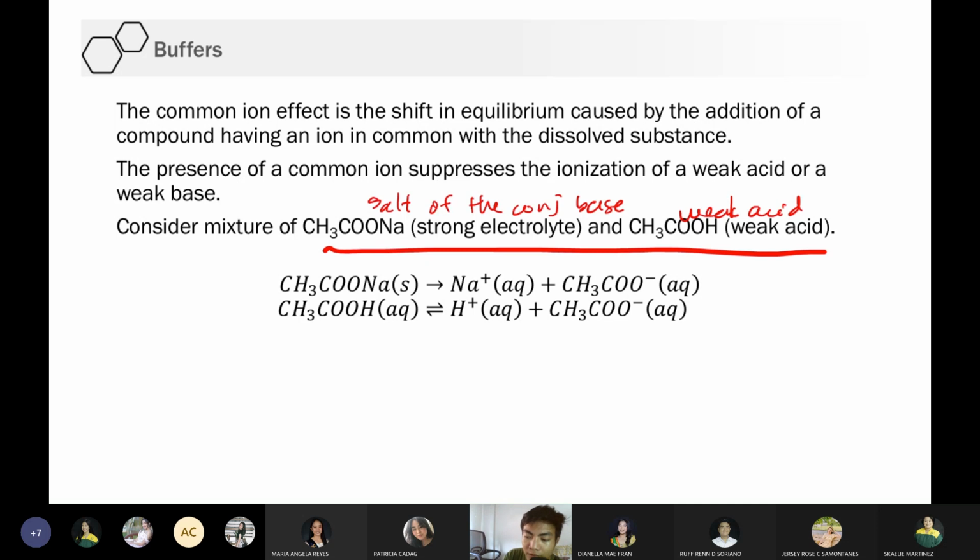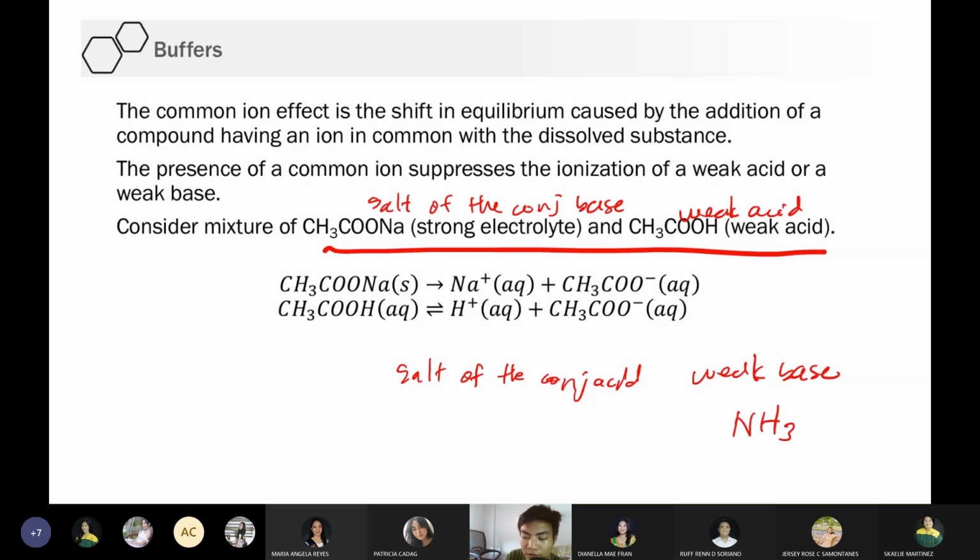O kaya if you have a weak base, kailangan meron kang salt of the conjugate acid. Okay? So if you have a weak base, you must have a salt of the conjugate acid. So one example will be ammonia, that is a weak base.